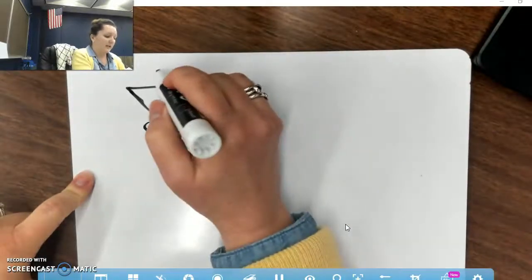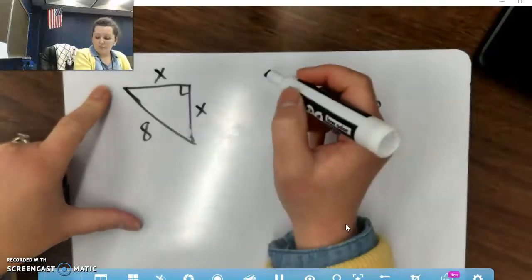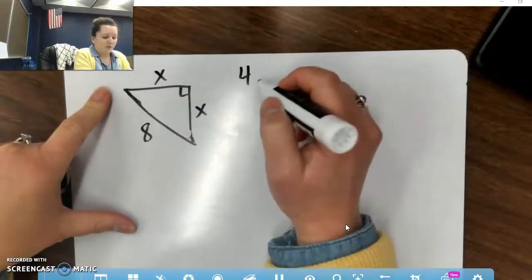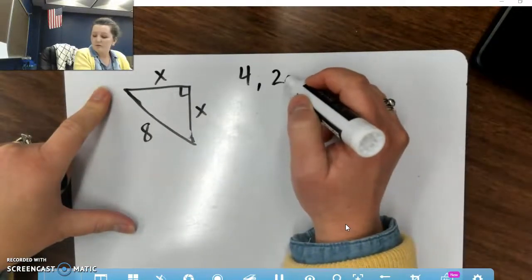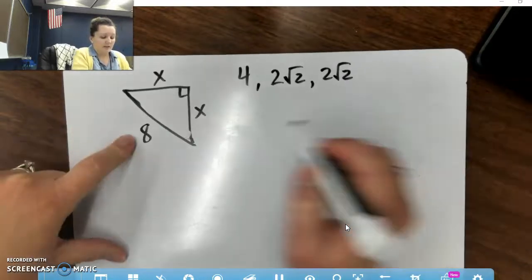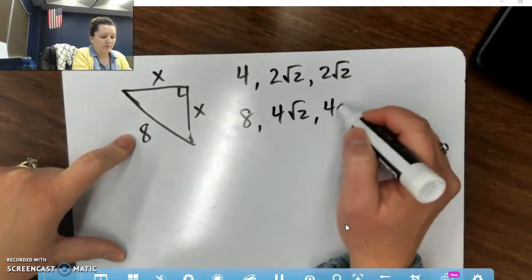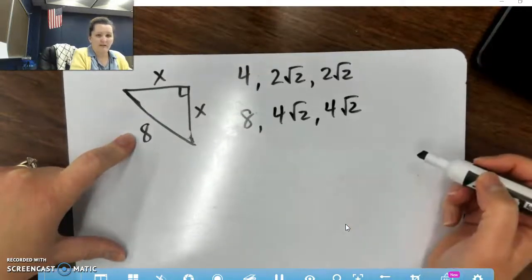So if I have 8 here, and x, so just like before, if it was 4, and my x values were 2 root 2 and 2 root 2, if this is 8, guess what? This is 4 root 2 and 4 root 2. Those are my leg lengths.